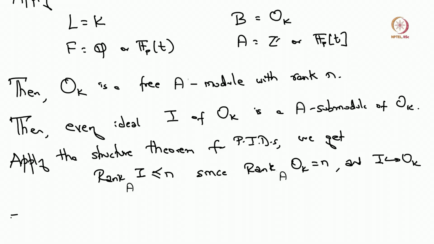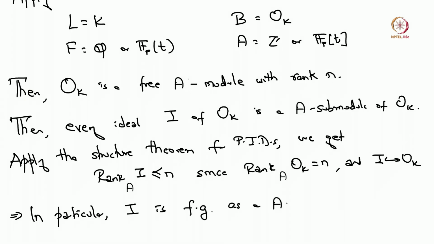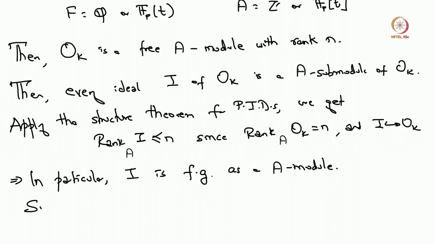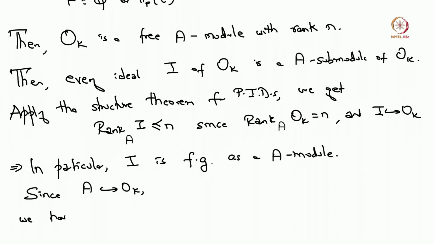Okay, so in particular, I is finitely generated as A-module itself, and since A sits inside O_K, we have that I is finitely generated as an O_K-module.